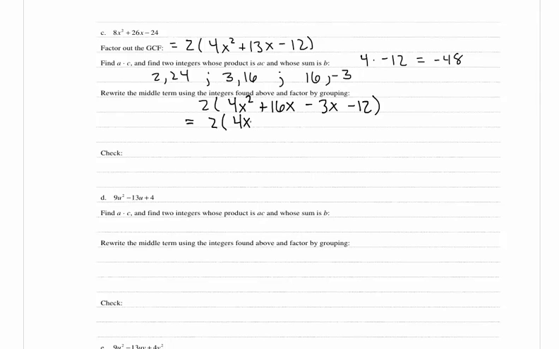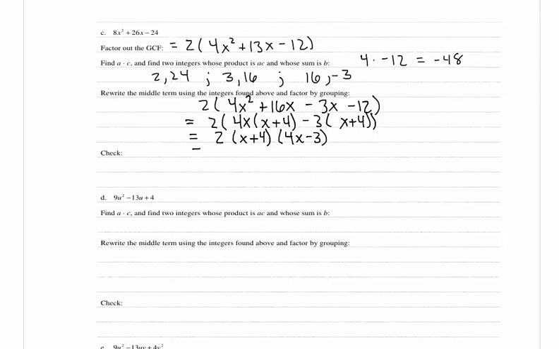So we have 4x times x plus 4. And in the last two terms, we're going to factor out a negative 3, minus 3 times x plus 4. And now we're going to factor out our binomial. So we have 2 times x plus 4 times 4x minus 3.